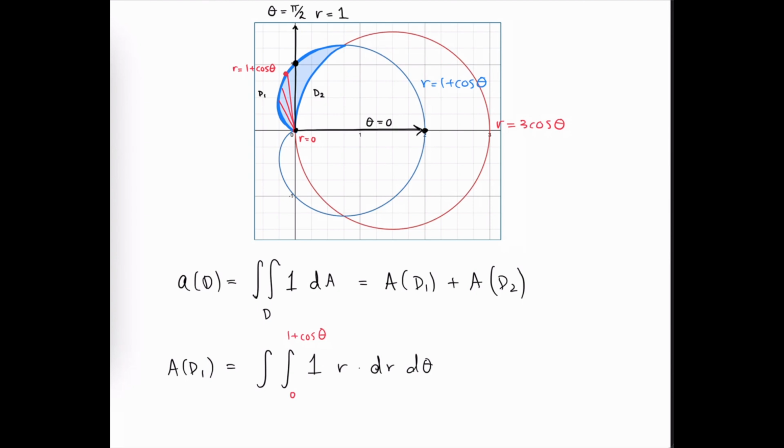As theta continues to sweep in the positive direction, when theta is pi, the r value is 0. So for this region D1, theta goes from pi over 2 back to pi, giving us this region out here. Our lower limit is pi over 2 and the upper limit is pi.